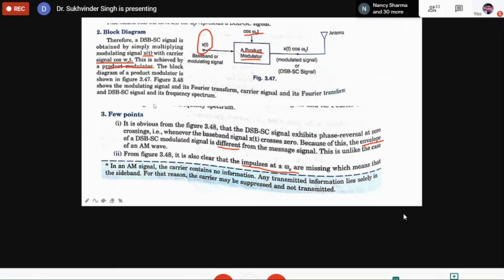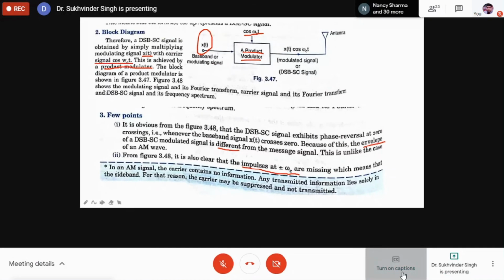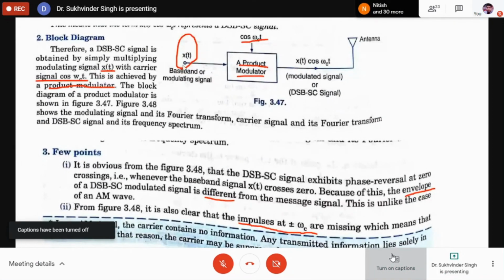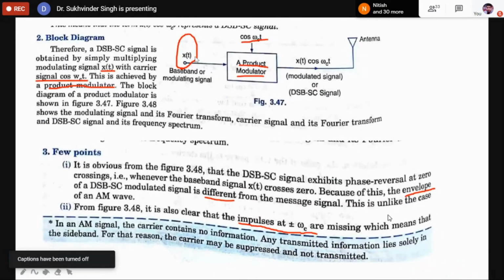Now the block diagram for the same. As we know, we have to have a function xt, which is the modulating signal, called the baseband signal. We have to multiply it with cos omega ct. This is achieved with the help of a product modulator, which is an electronic circuit that will multiply the two signals. Cos omega ct is a signal, xt is a modulating or baseband signal.